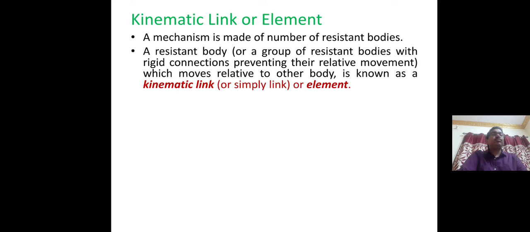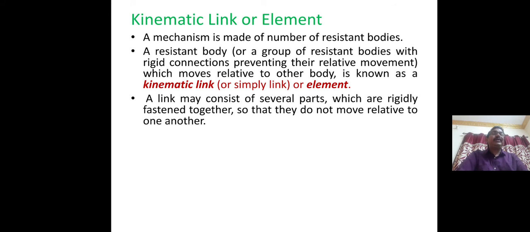This body, having relative motion with the other body, is known as a kinematic link or element. Suppose we take two elements: one is moving like this, one is moving like this. Relative motion exists with respect to this body. So these two are called two elements or links.